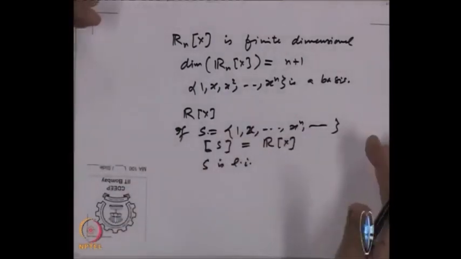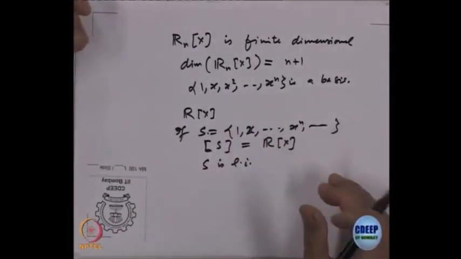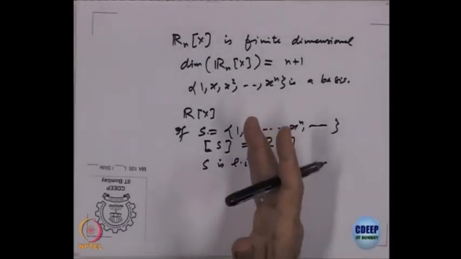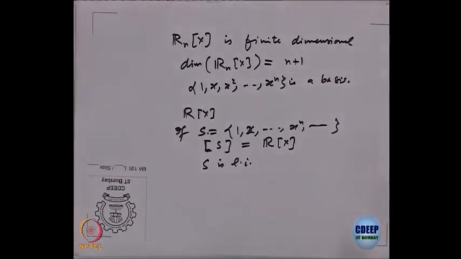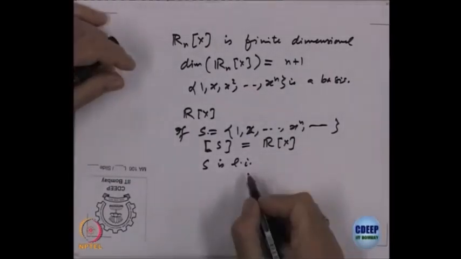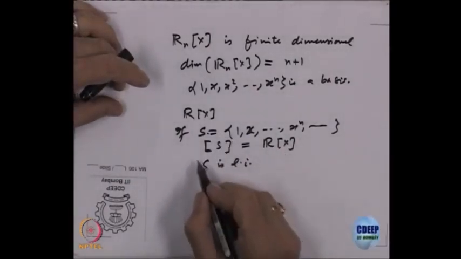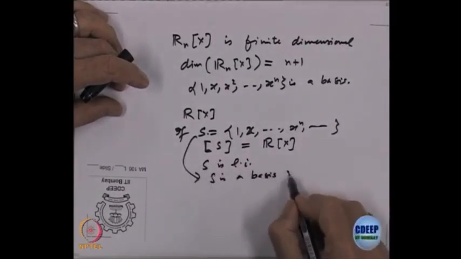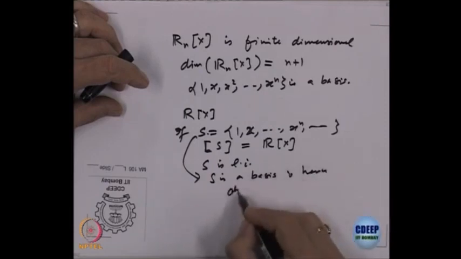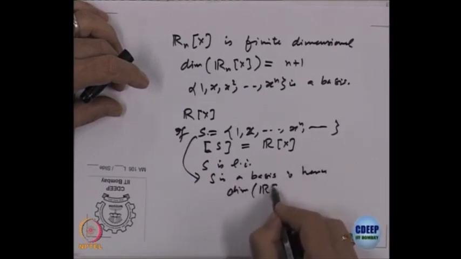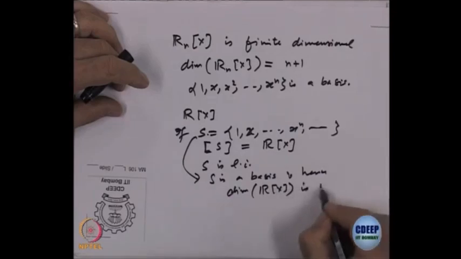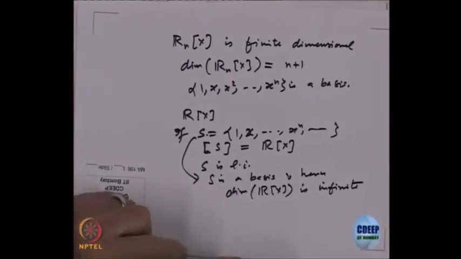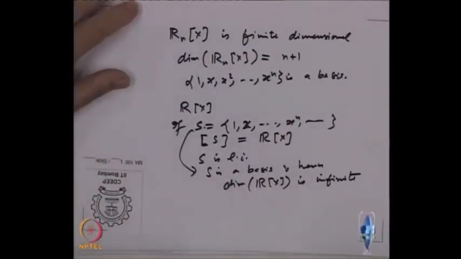Yes, because if I take a linear combination, alpha 1 p 1 plus alpha 2 p 2 up to alpha k p k equal to 0, the left hand side will be a polynomial which is 0. So, all scalars must be equal to 0. Okay. So, this S is also a basis, and hence the dimension of R x is infinite. So, that is an infinite dimensional vector space. Is it okay?